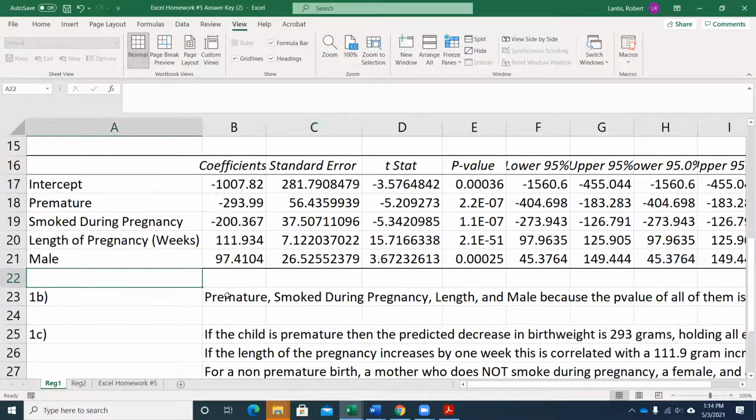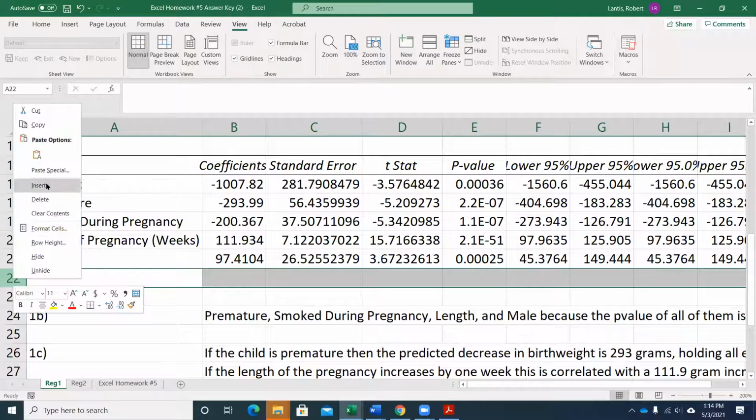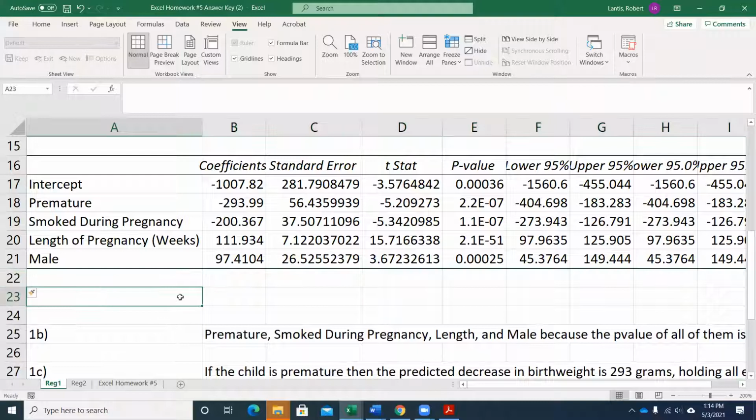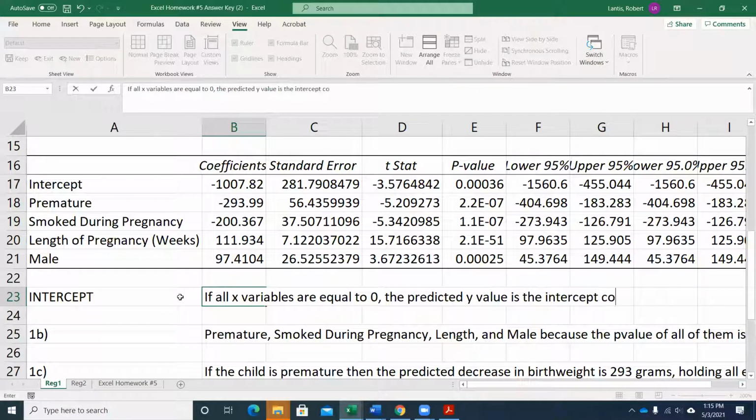Now for the intercept, I want you to be able to see this. So I'm just going to insert a couple of rows here so we can see what I'm doing. The intercept coefficient is another one you should be able to interpret. It's simply if all x variables are equal to 0, and I saw a lot of people make the mistake of saying all else constant. No, it's if all the x variables are equal to 0, then the predicted y value is whatever that intercept coefficient is.